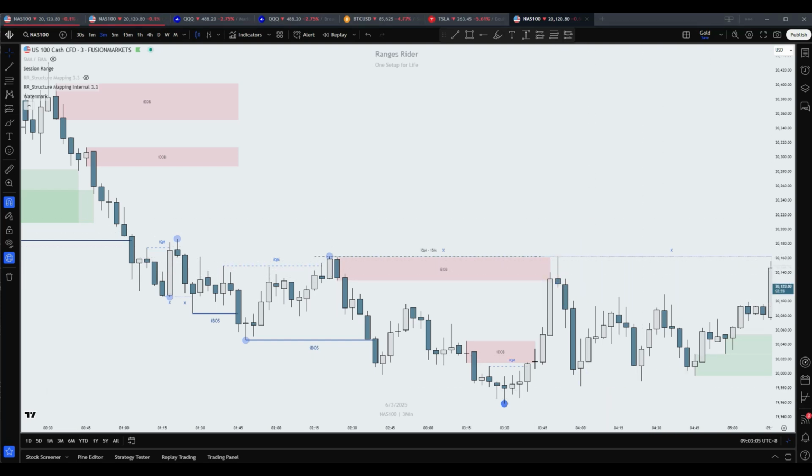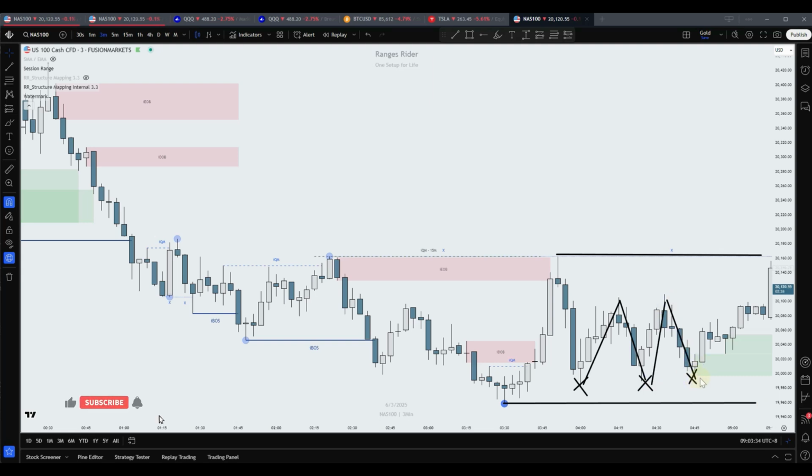If we sold here from this order block, we were looking for the price to take this low. Instead, what happened? Failure. But of course, how do we know this failure? When the price takes this high. So still the market is unable to take this low. Still unable to take this low.